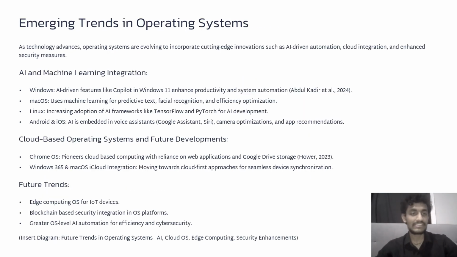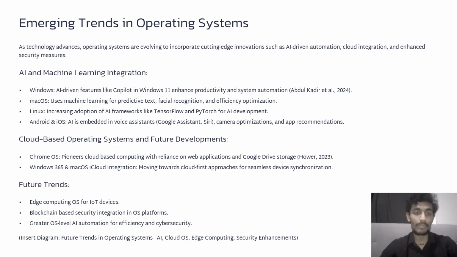Emerging trends in operating systems. As technology advances, operating systems are evolving to incorporate cutting edge innovations such as AI-driven automation, cloud integration, and enhanced security measures. AI and machine learning integration. Windows has AI-driven features like Copilot in Windows 11 that enhance productivity and system automation. macOS uses machine learning for predictive text, facial recognition, and efficiency optimization.